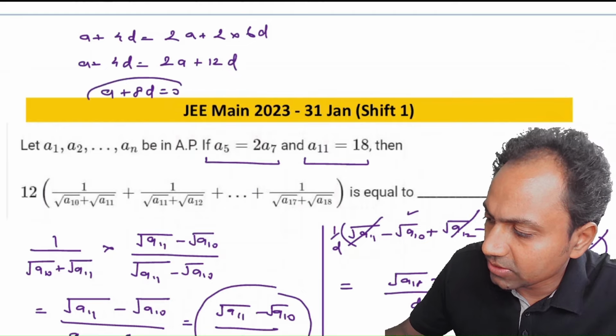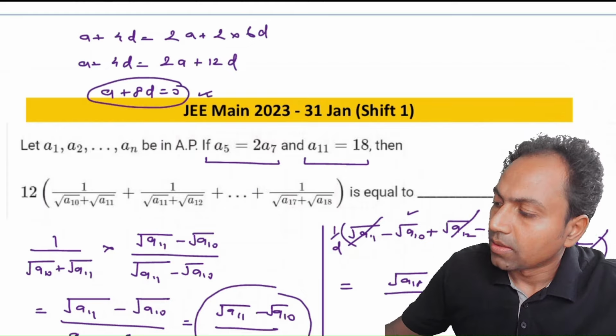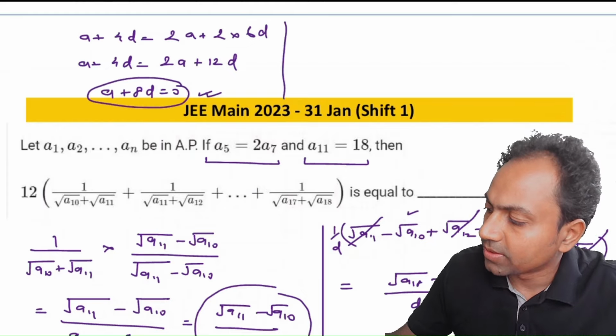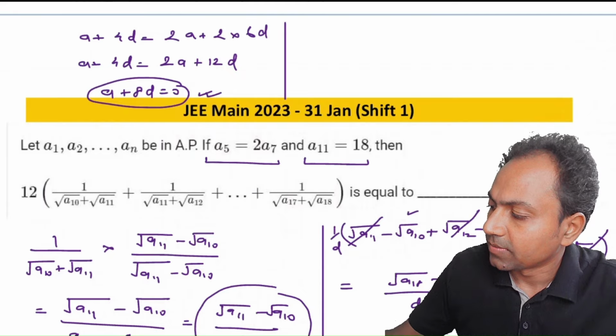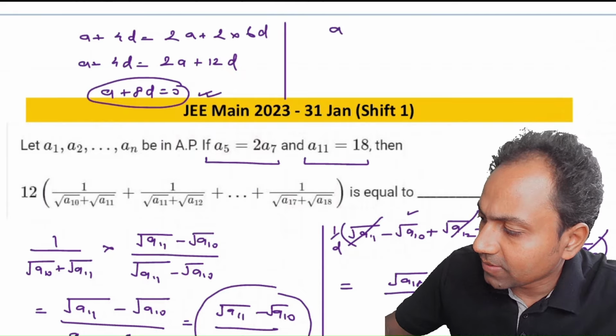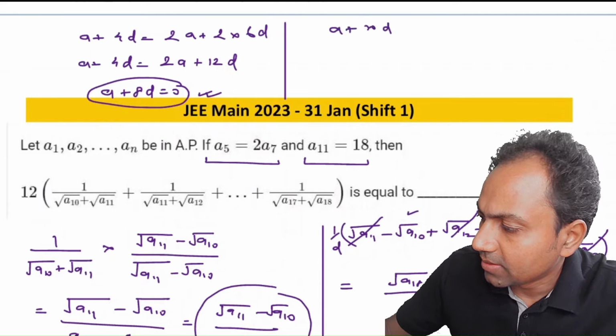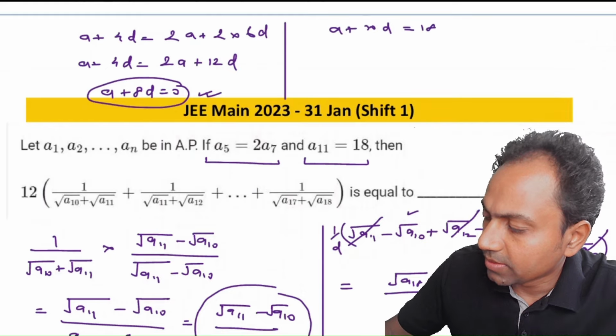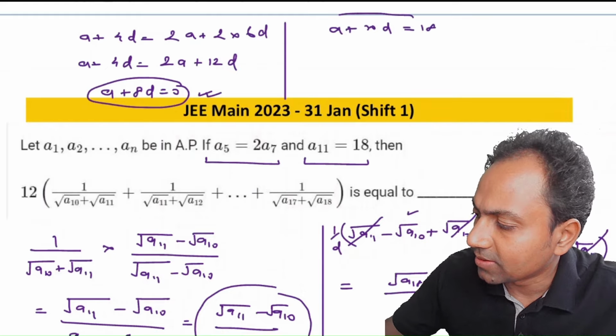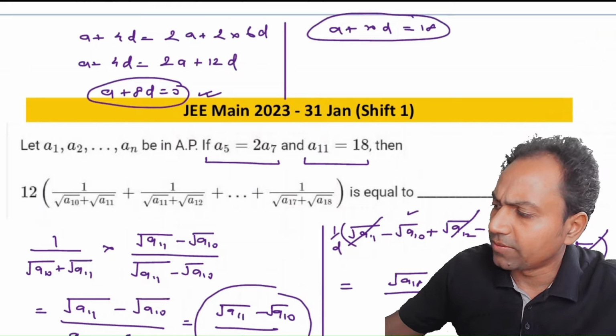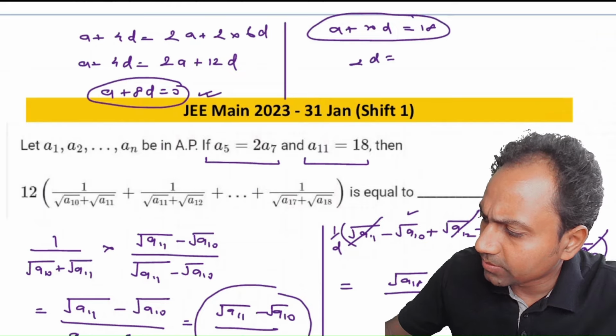This is the first condition that we have got. If I move further and write another condition from another term, it is given A plus 10D would be equal to 18. So if I subtract this and the earlier condition, I should get the value of D. And if I do that, my 2D comes out to be 18 and D comes out to be 9.